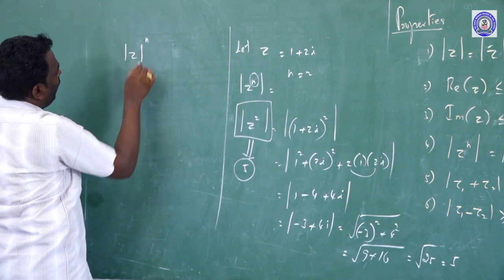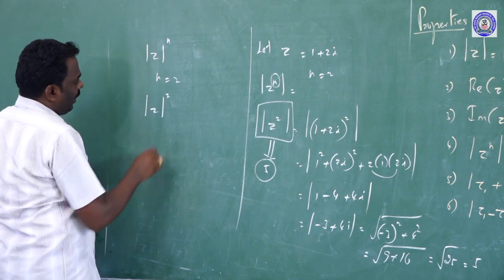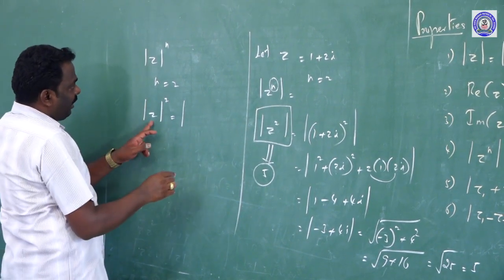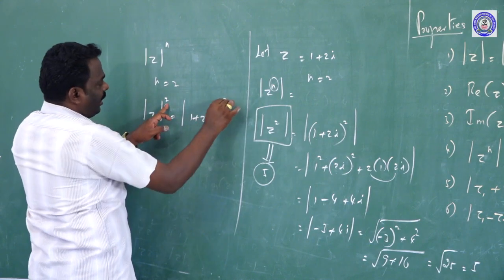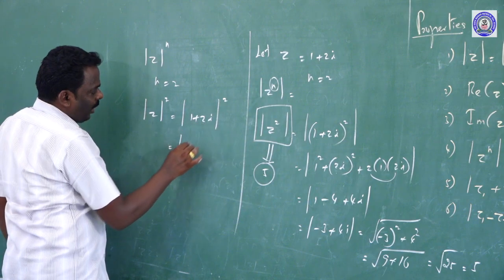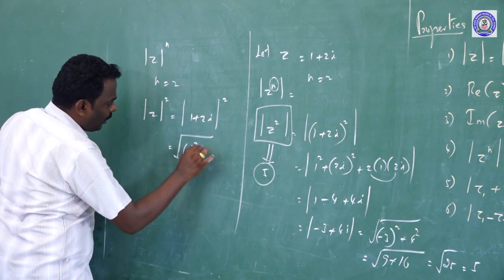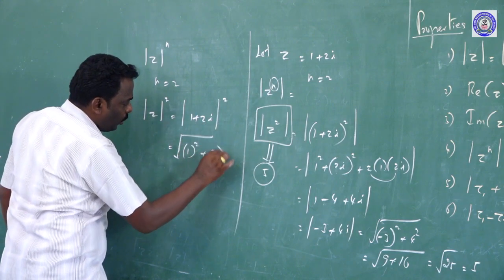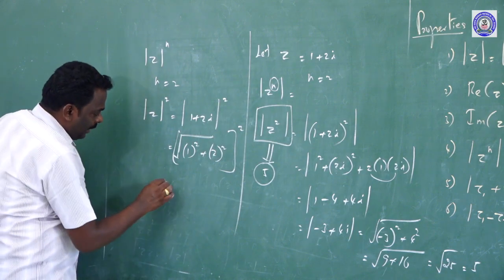Now what is the n value? n is equal to 2, therefore modulus of z whole square. The modulus of z, where z is 1 plus 2i, whole power 2. The modulus is the square root of the real term 1 square plus the imaginary term 2 whole square, again whole power 2 remaining.